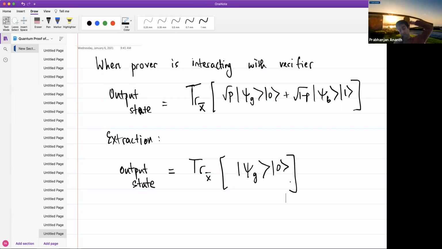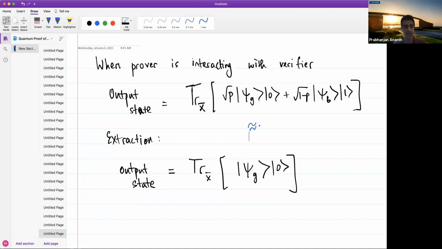And we want to argue that these two are actually close. Actually, this proof is also necessary in Watrous, and I've not seen this proof written down in Watrous's paper or in subsequent papers. Please correct me if I'm wrong.